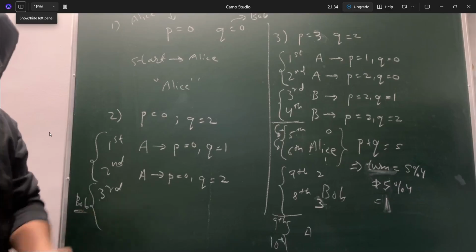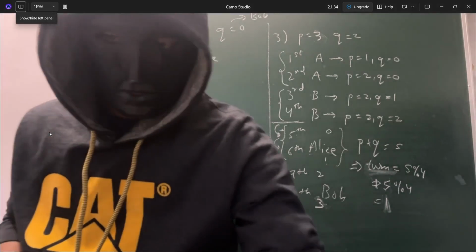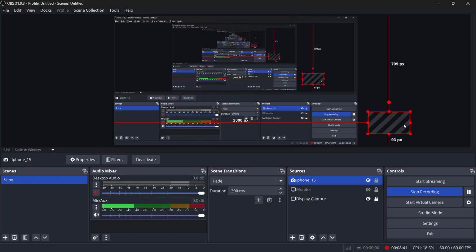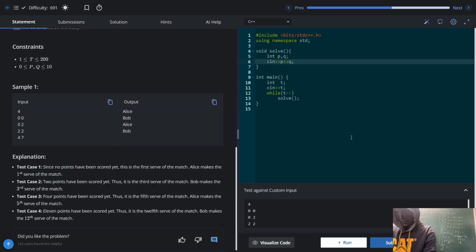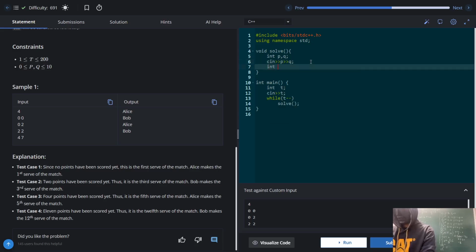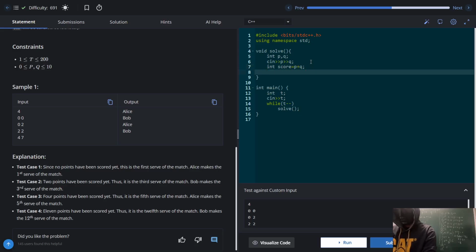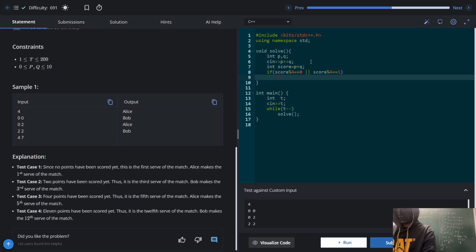So I think you guys got to know how to solve this. So let me try to code it up. Yeah, we will be taking the score as P plus Q, not P plus 1, sorry. So we have got the score. We'll have to check if score modulo 4 equals 0 or score modulo 4 equals 1. In this case, Alice will be doing the service, which means 0 means all the 4 services are done, and this is the next service that will be done.